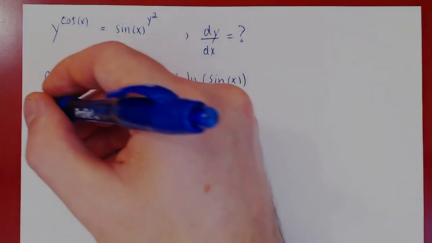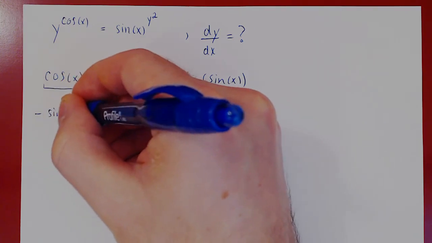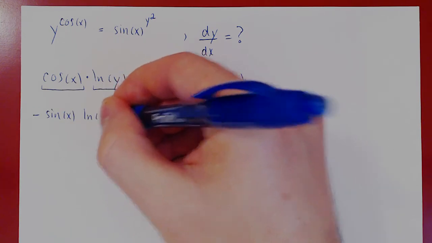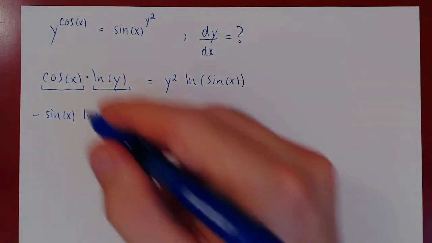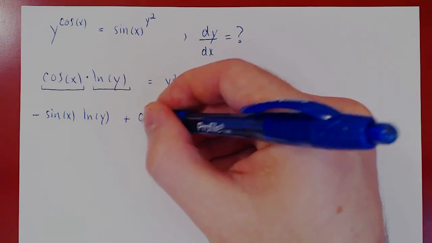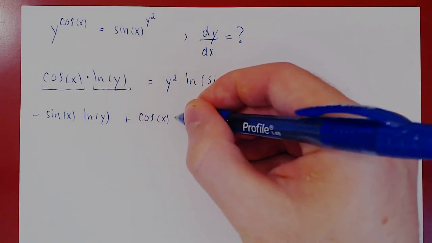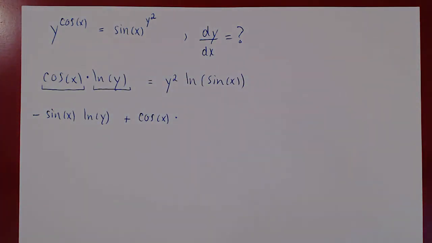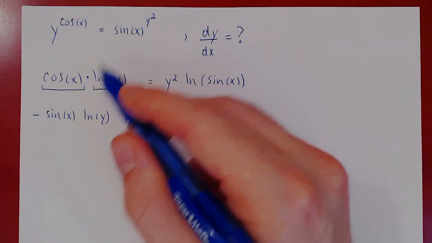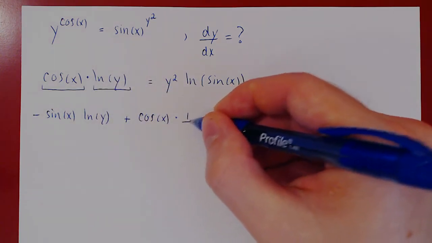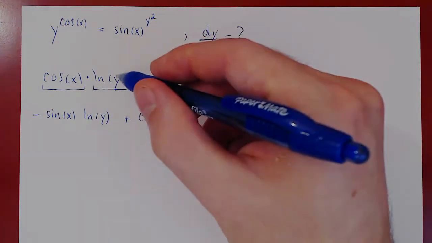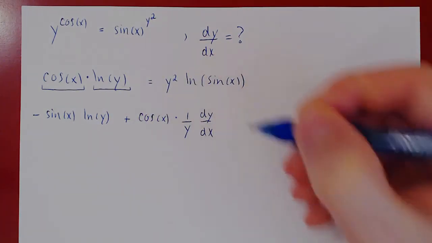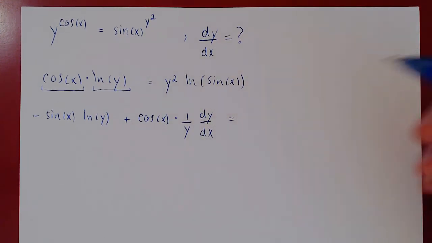Oops, so we have negative sine of x times the second function ln of y plus product rule, the first function, cos of x, times the derivative of the second function. Keep in mind the derivative is with respect to x, so we'll have the derivative of ln, 1 over the argument, chain rule, times the derivative of y, which is dy over dx. That takes care of the left-hand side.